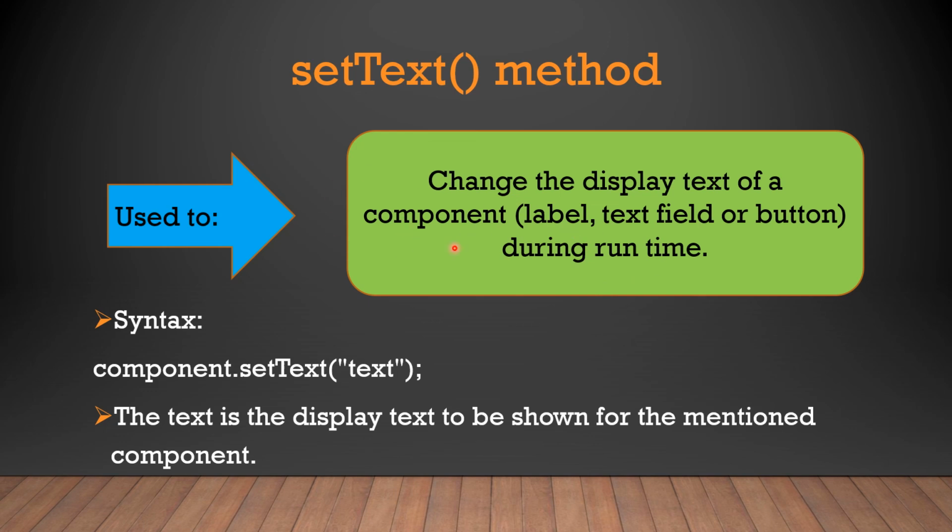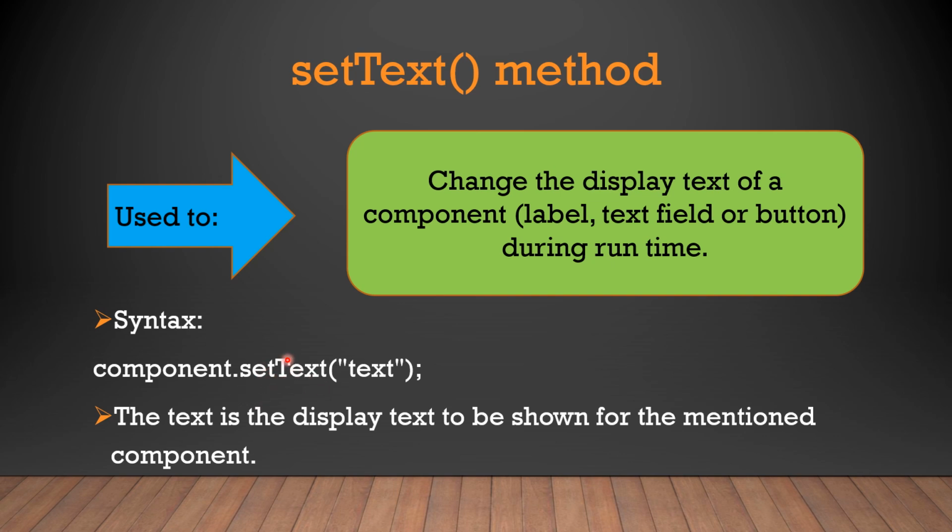And what are the components on which we can apply this setText method? Like label, text field, or button. And many more components are there on which we can use the setText method. What is the syntax? First of all, we have to write the component name as we had written in the previous example, jTextField1. So it was the name of that component. Then dot and then setText.